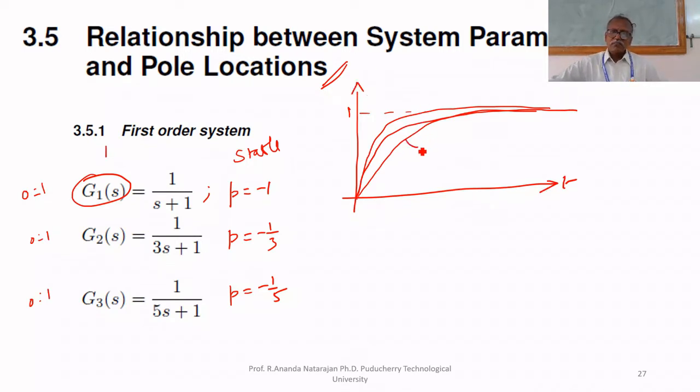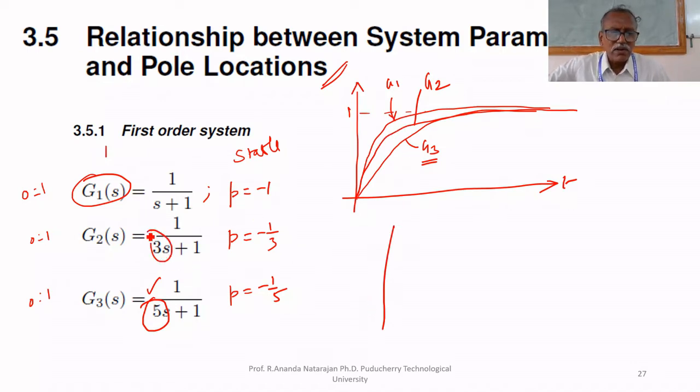This is G1, this is G2, this is G3. G3 takes a long time to settle because the time constant is large. As time constant increases, it takes a long time.